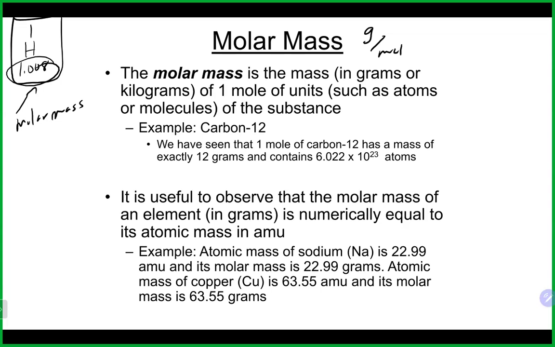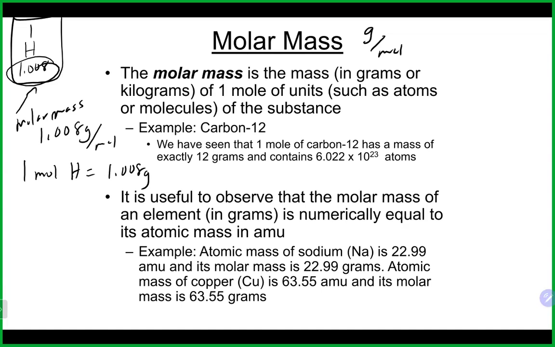So the grams aspect is more usable than AMU, but AMU and grams per mole are numerically the same. You could say, for hydrogen, in 1 mole of hydrogen there is 1.008 grams, and the molar mass of hydrogen is 1.008 grams per mole.